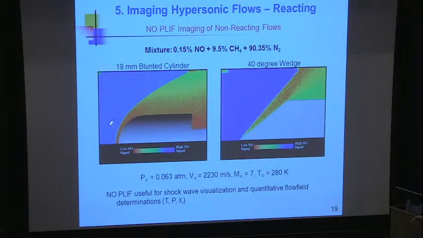Now this is the instantaneous image with PLIF that we acquired. These are false color displays of the NO signal. So there's the bow shock, and there's the gas. Those of you who are gas dynamicists will understand this. There's something about the standoff distance and the angles that tells you about the flow. If you do a wedge, and you have gas dynamics, you'll know that the angle of this wedge and the angle of the shock wave is determined by the Mach number and gamma.